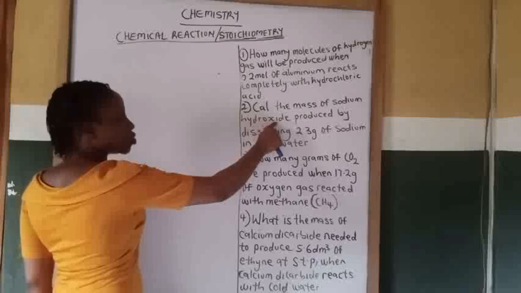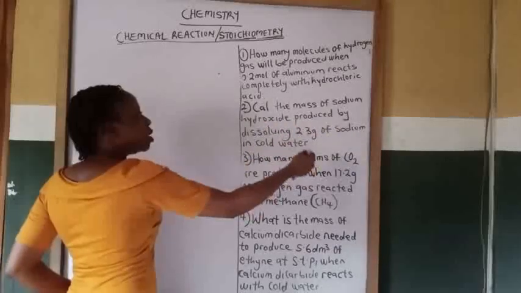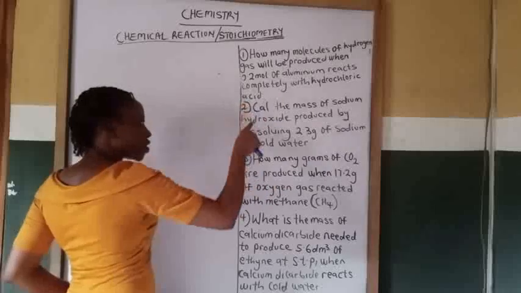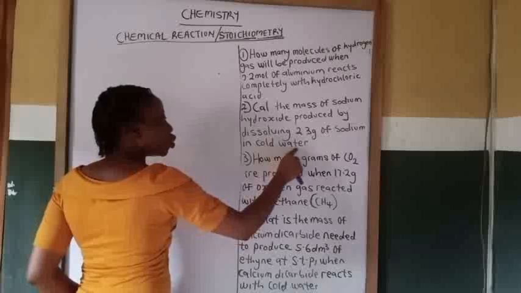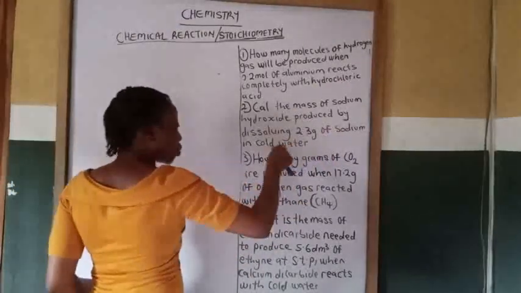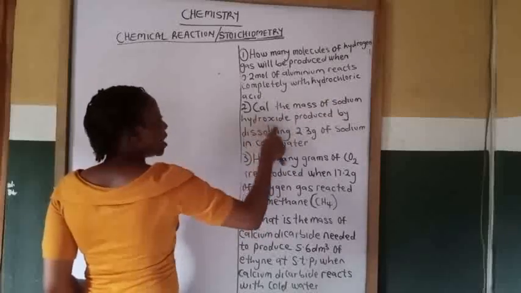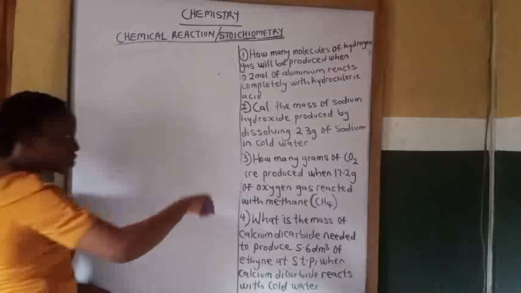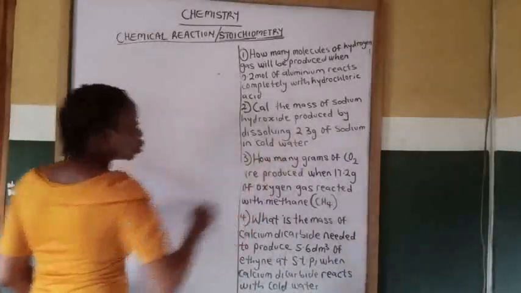So we are looking for the mass of sodium hydroxide produced by dissolving sodium in cold water. So our reactant side now will be sodium plus cold water, because our product is sodium hydroxide.